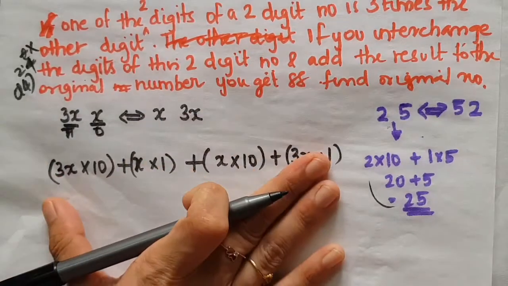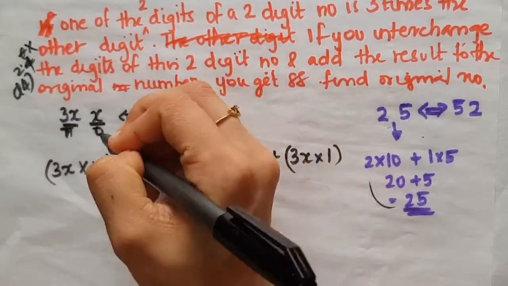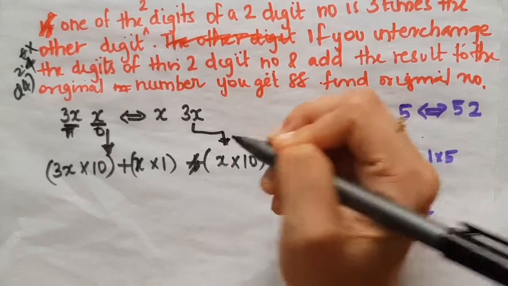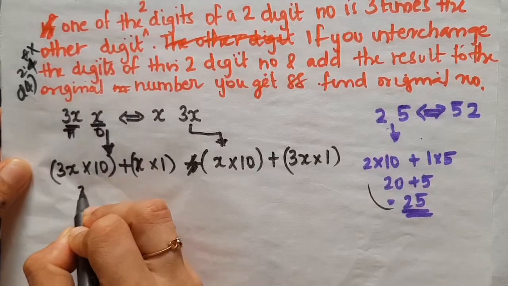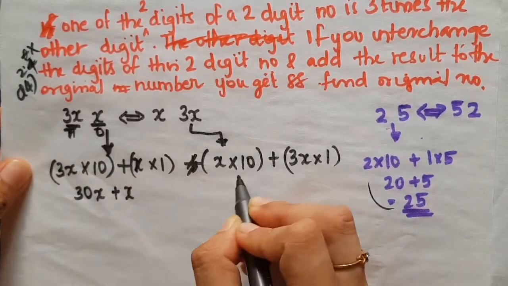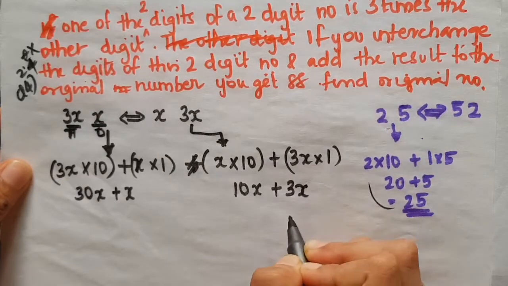If you're confused by this long equation, you can first solve only this one and then this one and then add the results together. So we'll solve this one first. It's 30x plus x and this one is 10x plus 3x.